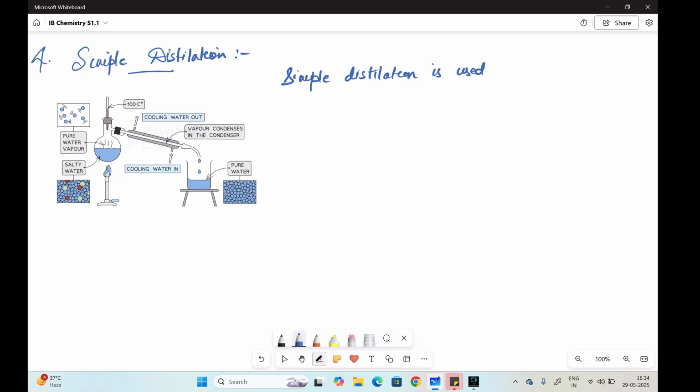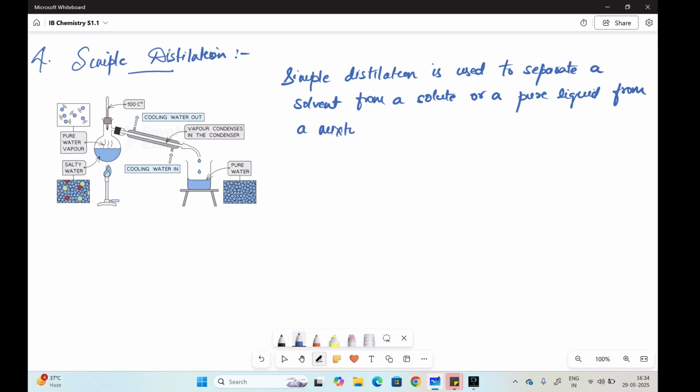is used to separate a solvent from a solute or a pure liquid from a mixture based on difference in boiling point.